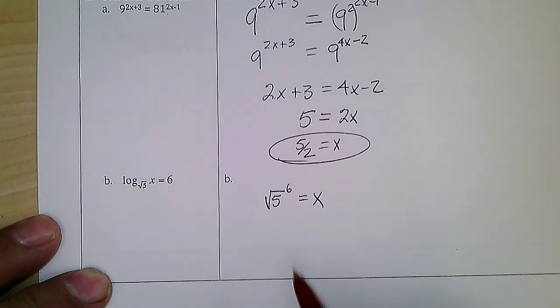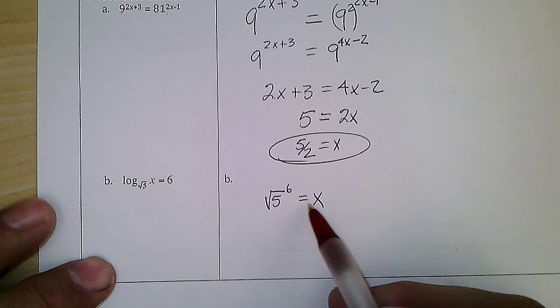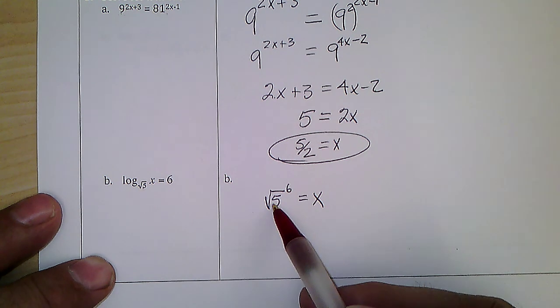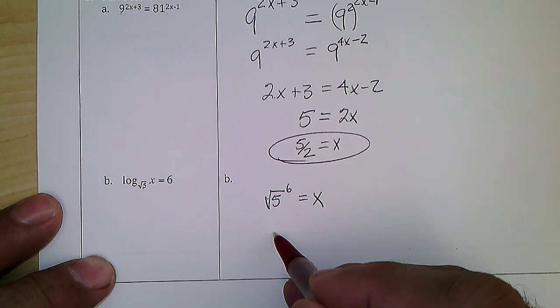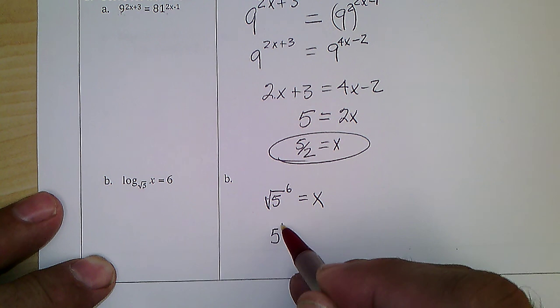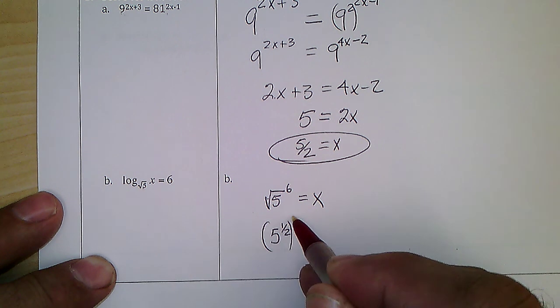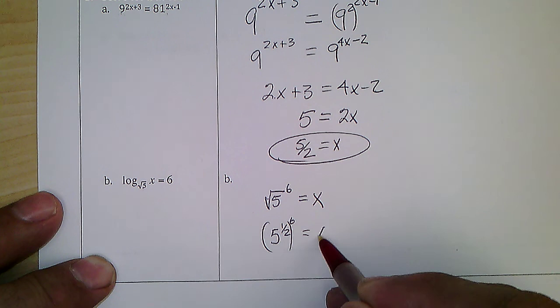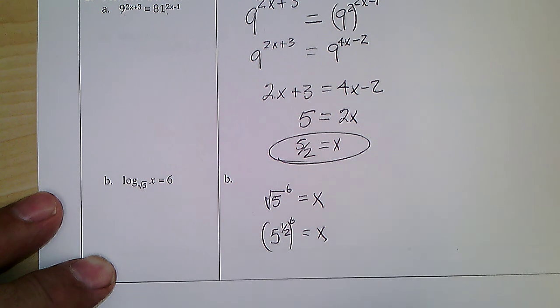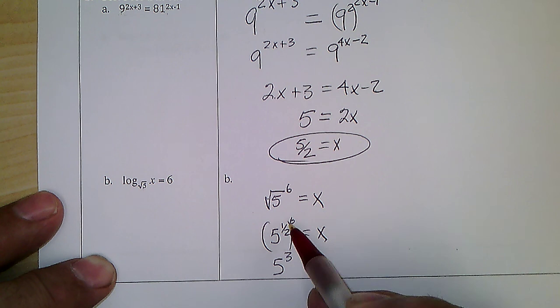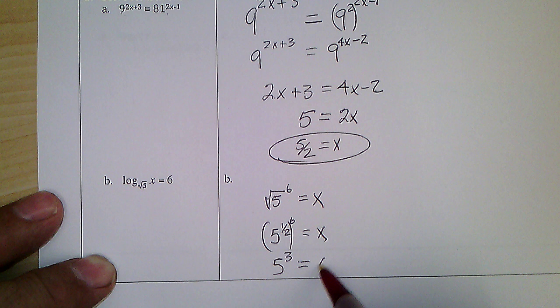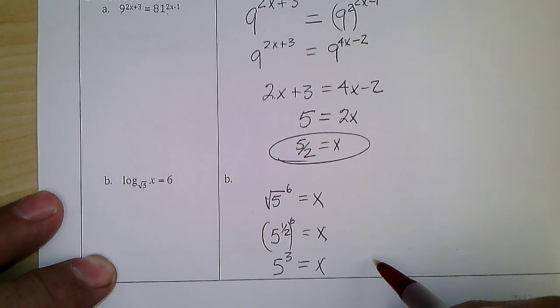And that's what x is. We could also continue on here, because the square root means 1/2 power, so this is 5 to the 1/2 to the 6th equals x, and then I would multiply the powers, and I get 5 cubed, because half of 6 is 3, is x, and 5 cubed is 125.